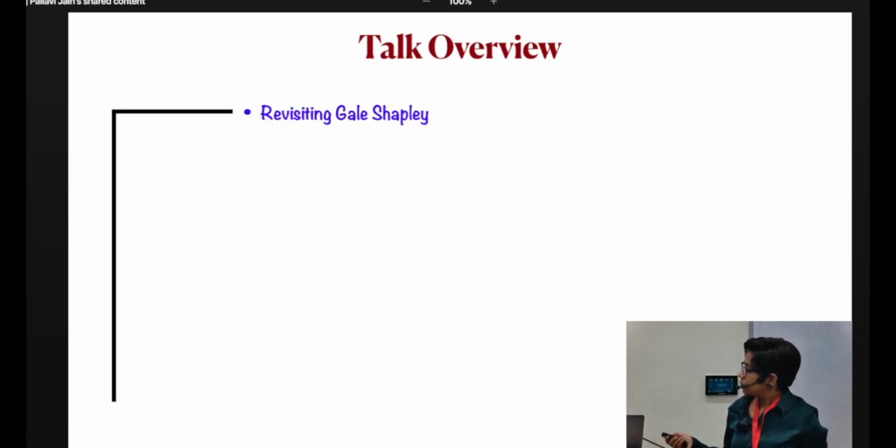The plan is to revisit the Gale-Shapley algorithm and deduce some important properties from it. If we look at the same Gale-Shapley algorithm as we have known, but from a slightly different perspective, doing a little bit more bookkeeping allows us to go further forward.